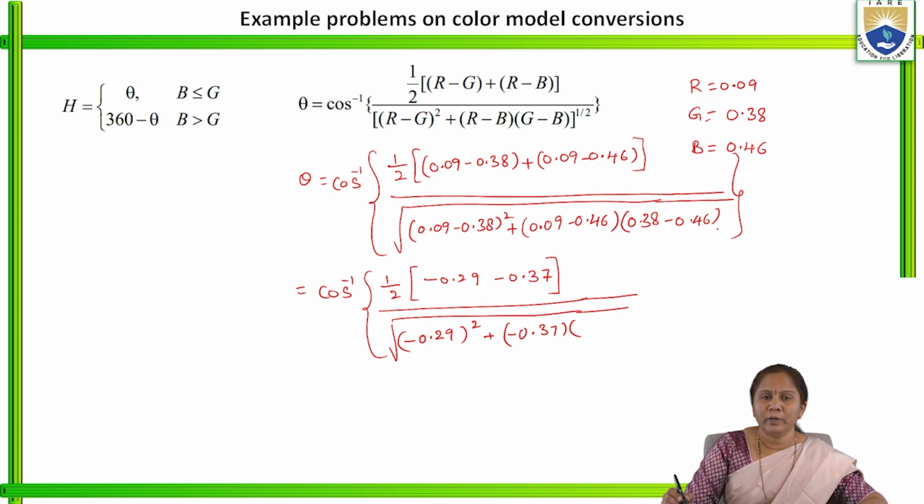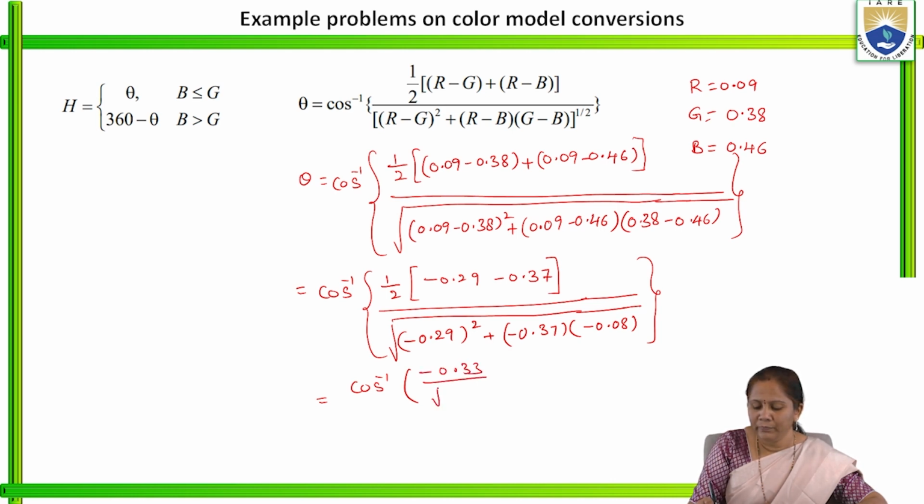0.38 minus 0.46, the value is minus 0.08. Now we can see cos inverse of, so the difference between these two by 2 is minus 0.33 by.